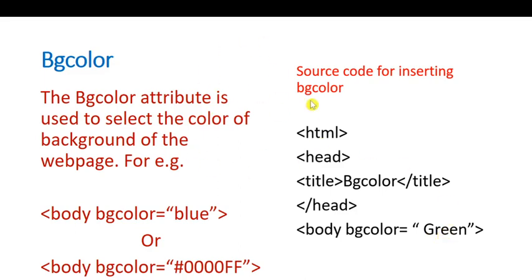As you can see, the background color of my screen is white. Likewise, if you want to change the background into a different color, we can apply the code this way, with body BG color equal to any color name. After that, the closing tag body and the closing tag HTML. So this is the source code for applying BG color.